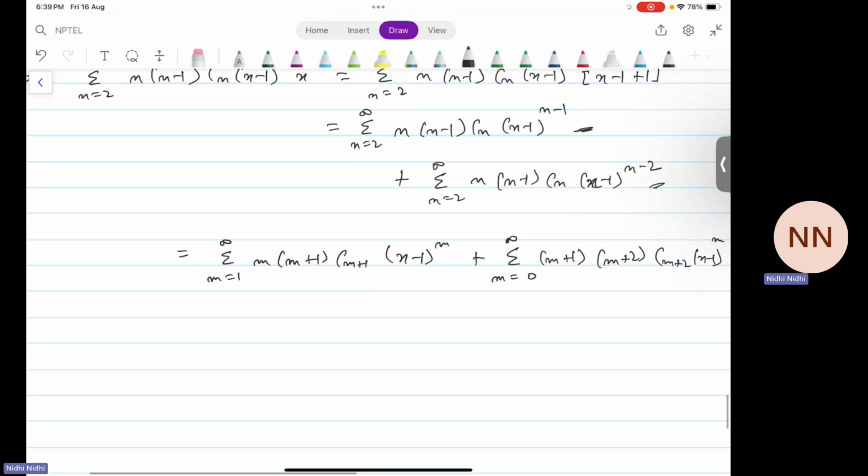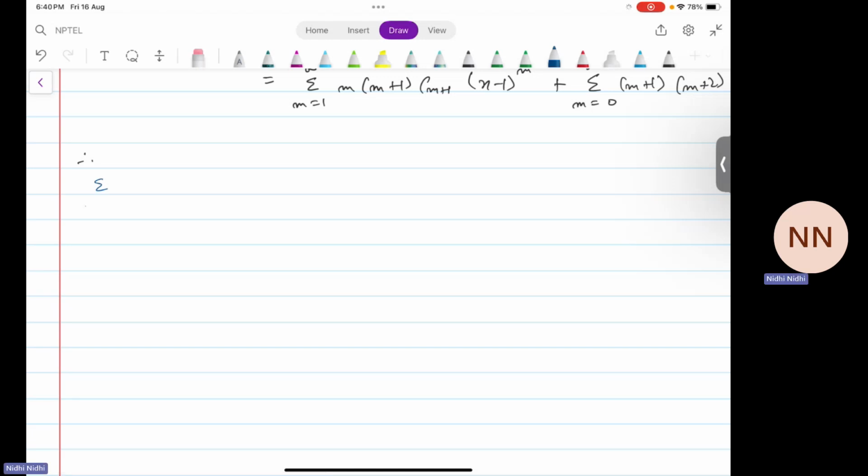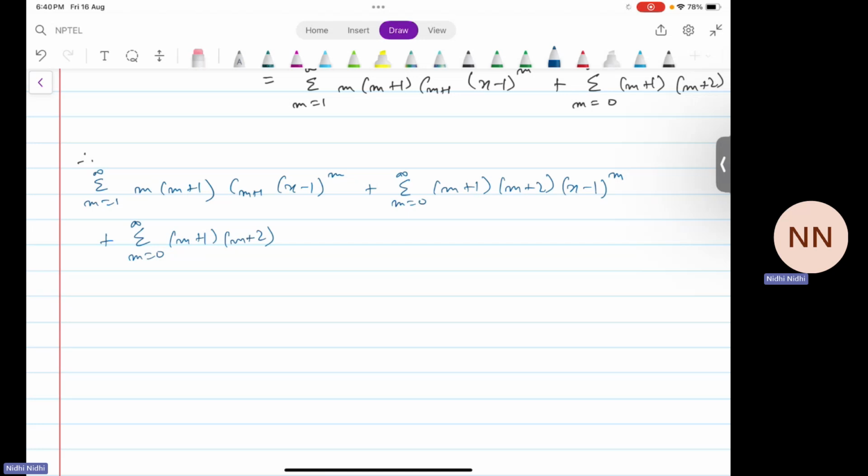And therefore we have summation m from 1 to infinity m plus 1 times m cm plus 1 x minus 1 to the power m, plus summation m from 0 to infinity m plus 1 times m plus 2 cm plus 2 x minus 1 to the power m, plus summation m from 0 to infinity m plus 1 cm plus 1 x minus 1 to the power m, plus 2 times summation m from 0 to infinity cm x minus 1 to the power m equals 0.